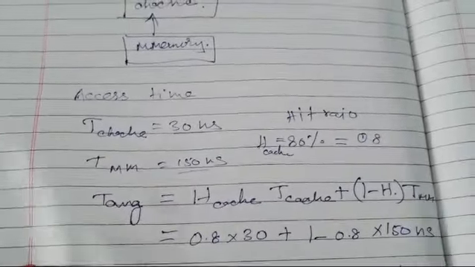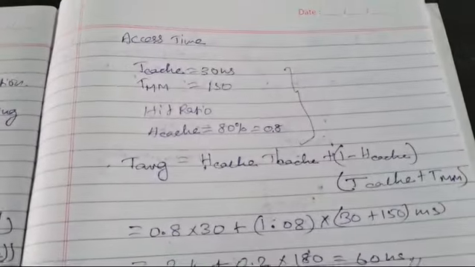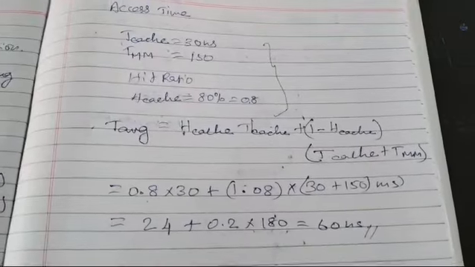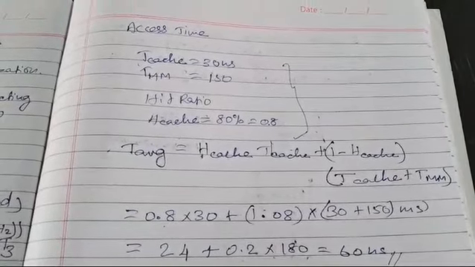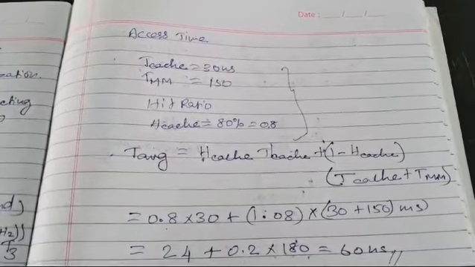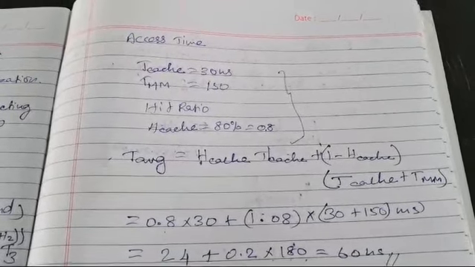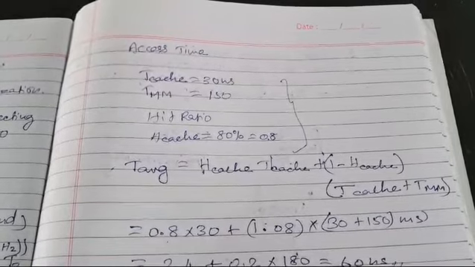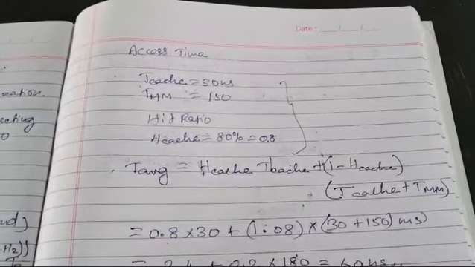Another method is the serial method, which is access time. We take the question itself. The T average time is equal to H cache times T cache, plus 1 minus H cache times T cache plus T main memory.